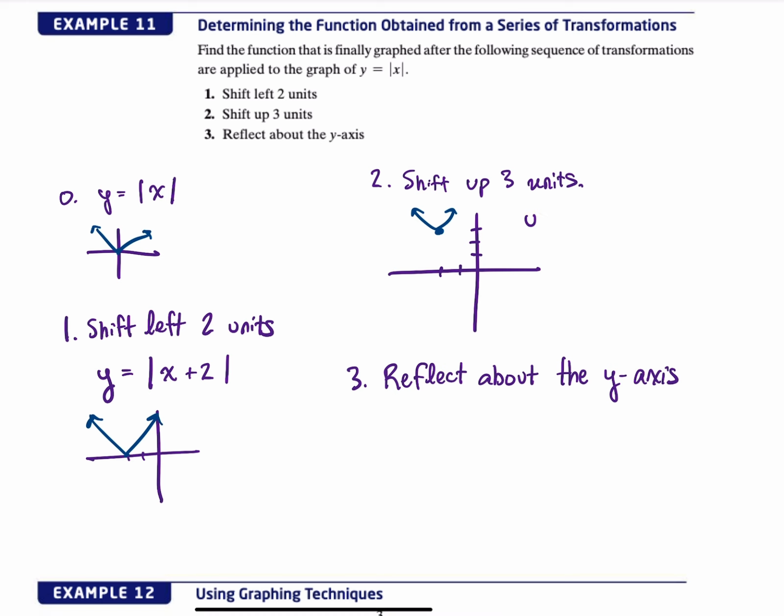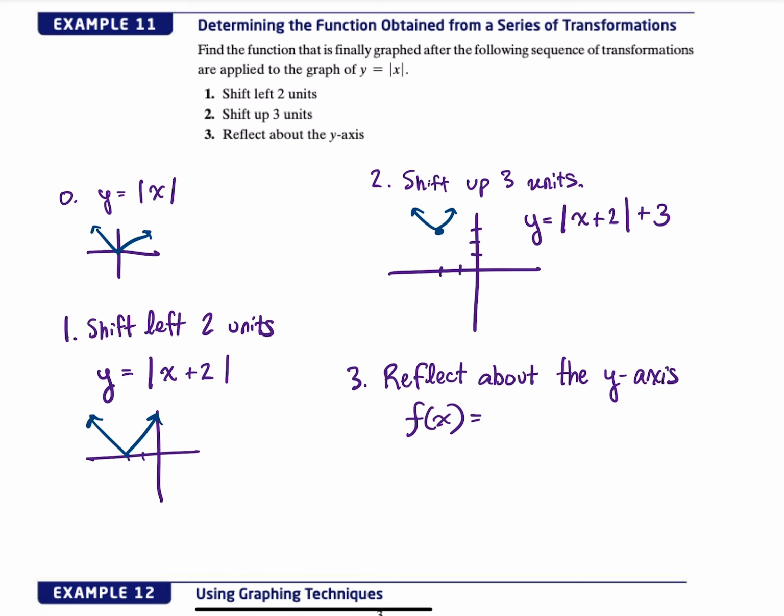This would be y equals absolute value. We had the absolute value of x plus 2. That was our shift to the left, and then we went up 3 units. So we would add 3 on the outside of the function. Cool. Now if we reflect about the y-axis, this will be our final function.